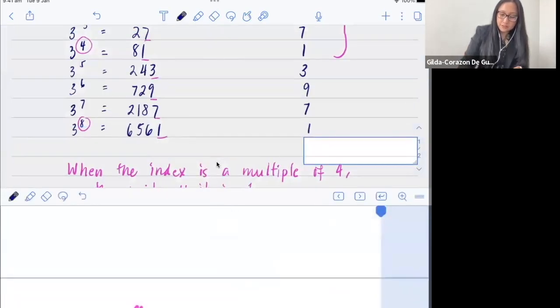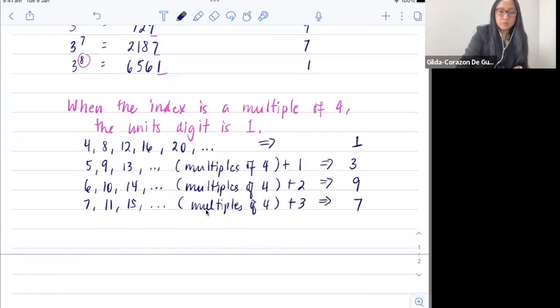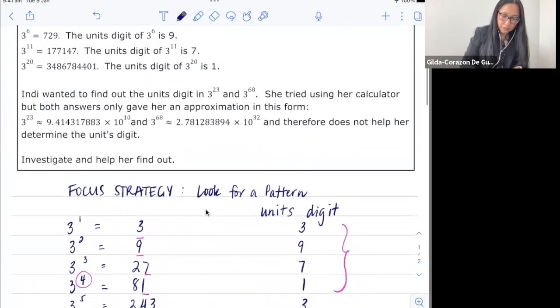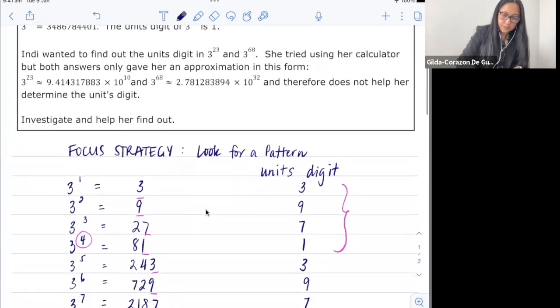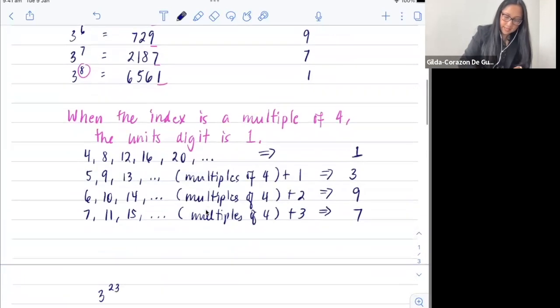Now that you've got those rules there, you could probably use that now, since we know that 3 to the power of, what are we looking for? 3 to the power of 23 and 3 to the power of 68.